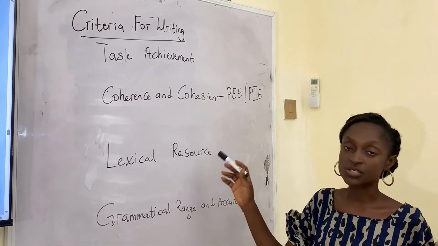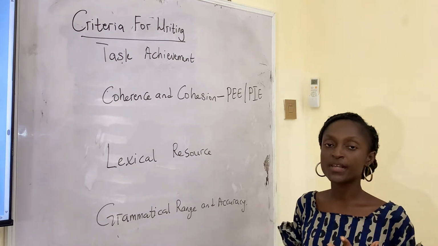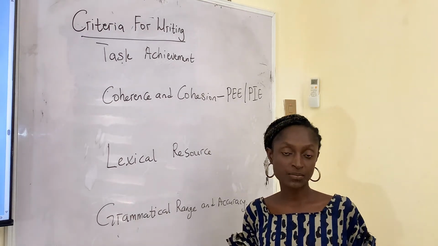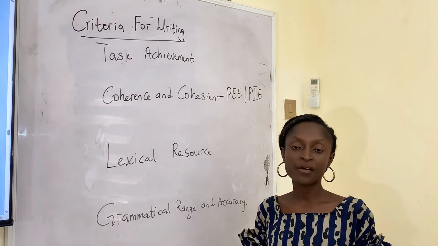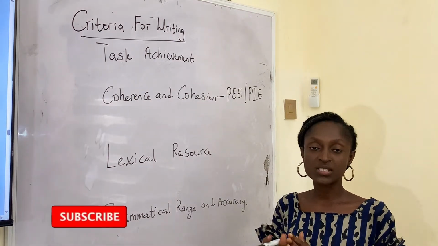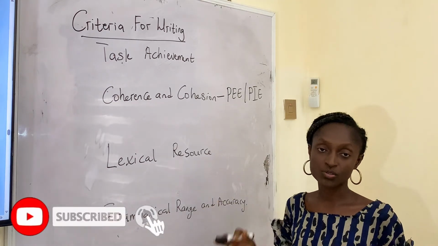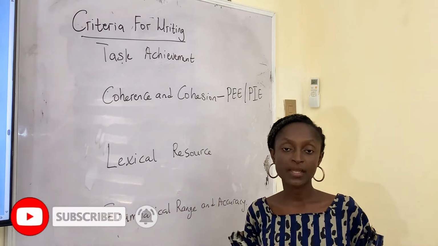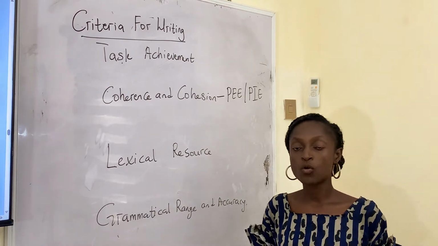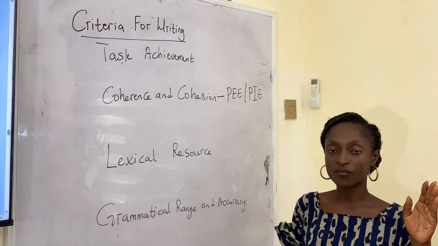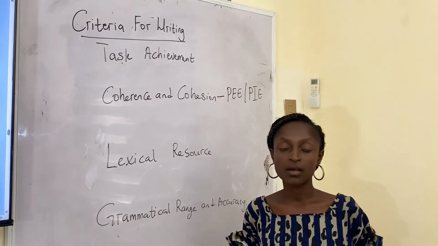Another thing lexical resource is measuring is spelling. We need to take note of our spelling and we need to be careful. If we are spelling using the American system, we should stick to that from the beginning of our letter down to the end of our letter. And if we are spelling using the British system, we should stick to that from the beginning of our letter down to the end of our letter.